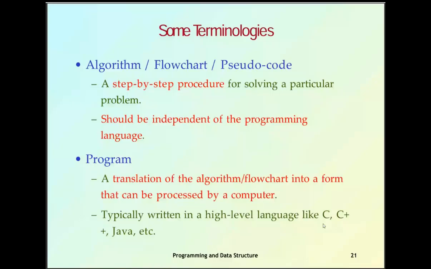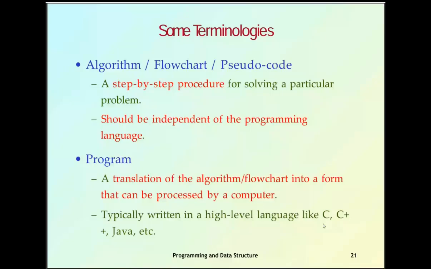So that particular entity we call a program. This can be written in any high level language: C, C++, Java, Python. So a program can be written in any high level language.